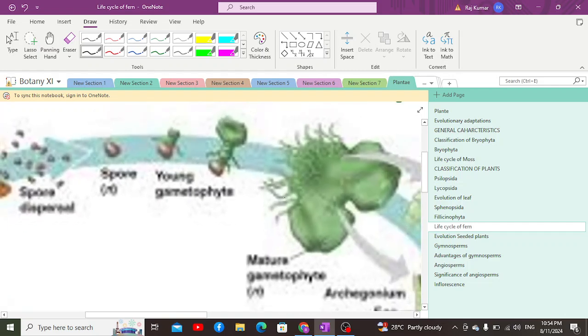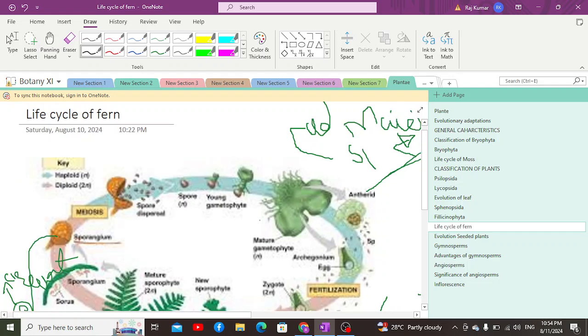The gametophyte is an autotrophic, small, flat, heart-shaped structure. As you may see in the diagram, this is the heart-shaped gametophyte, such that on the anterior end we have a notch, or a depression, which is the point from where the growth occurs.